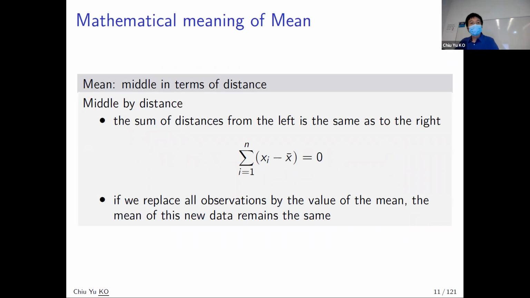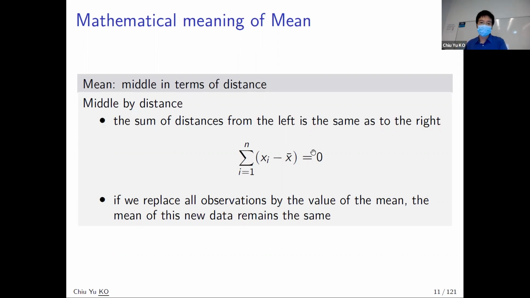And it is exactly in the center of the data in the sense of distance, which means that at the location of the mean, the distance from all the observations to the left will be the same as the distance to the right. This requires that the distance between observations makes sense.